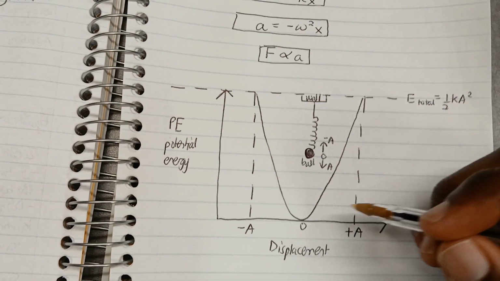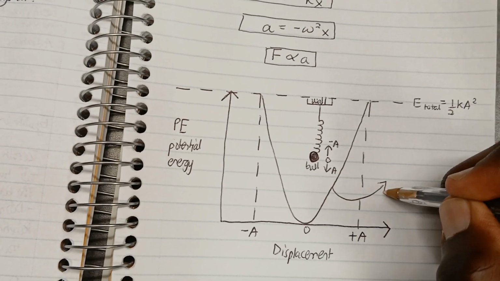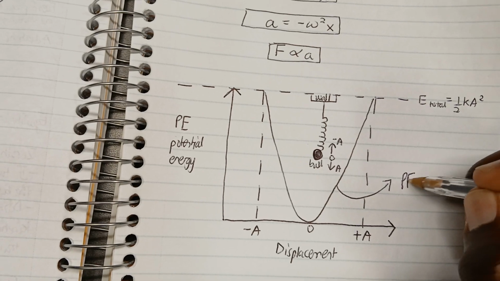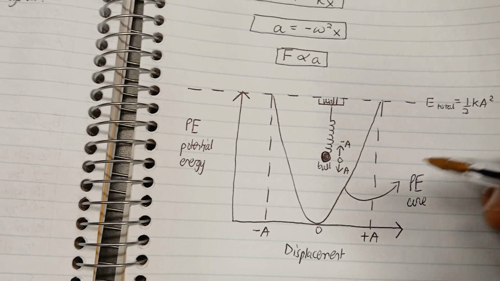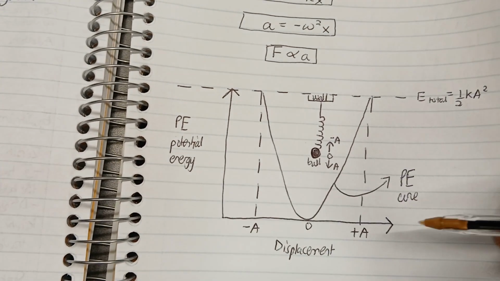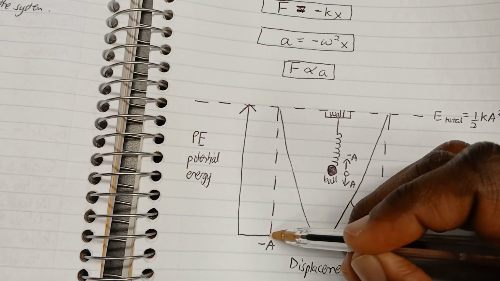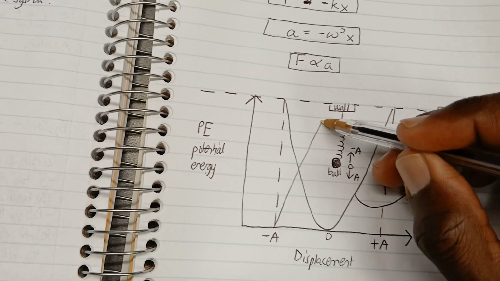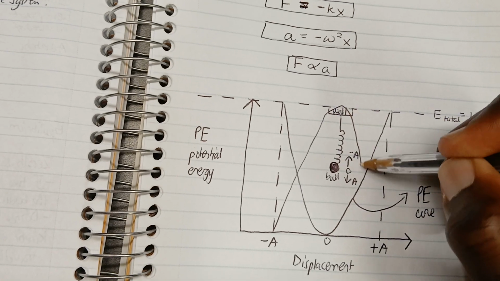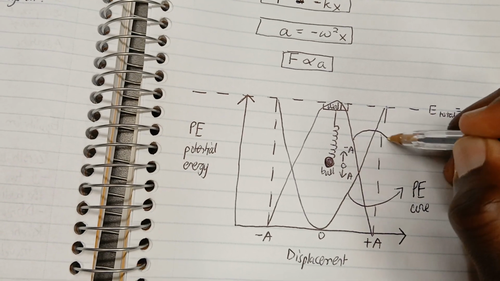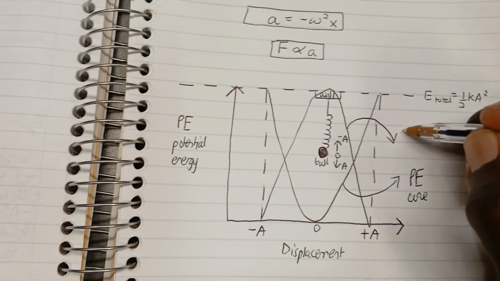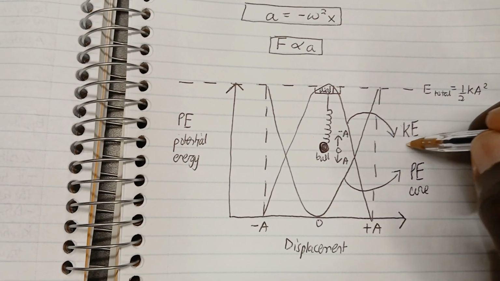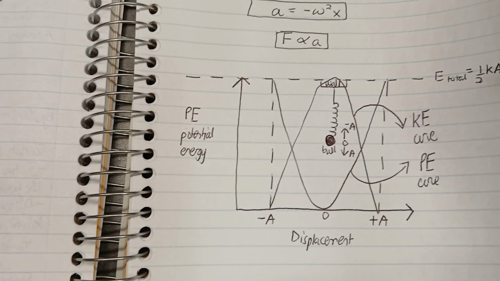And to make things easier, I'm going to label this as the PE curve. You can also draw a kinetic energy curve, right? So what does this mean?